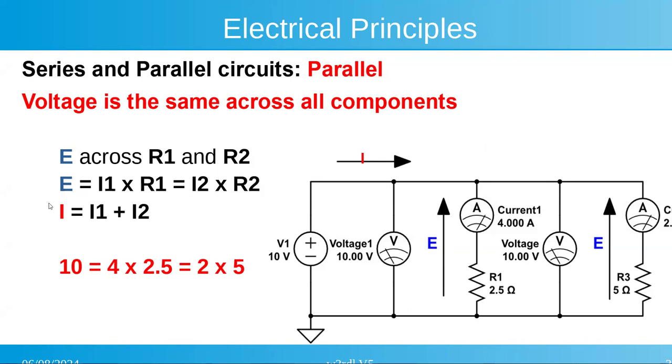So you take the reciprocal of the sum of the reciprocal of each value, which looks a lot nastier than it is. It's actually fairly simple. You just plug in 1 over R1, 1 over R2, 1 over R3. But the bottom line is the voltage is the same, whereas in series, the current is the same.